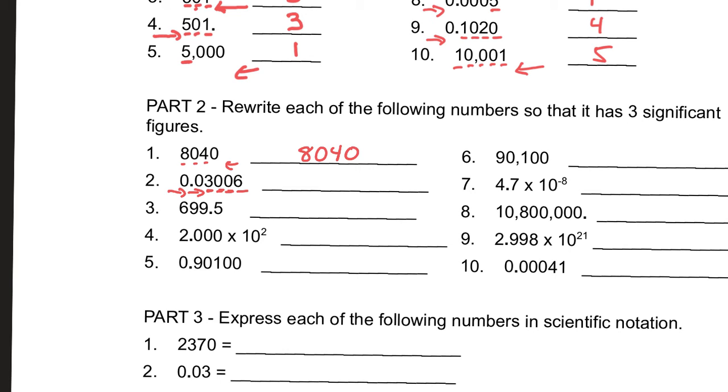Remember, for rounding, if it's 5 or higher, you're going to round up. So the 6 will cause this to round up to 1. So the number when I'm finished is going to be 0.0301. Let's double check this and make sure that it's got 3 significant figures.